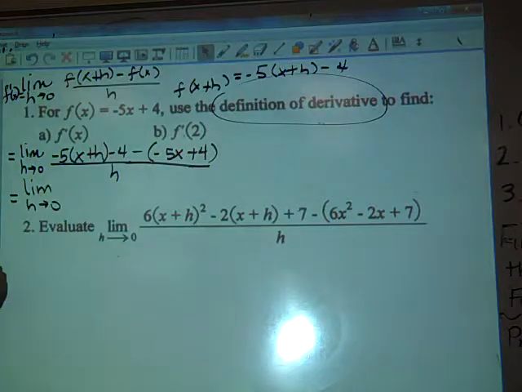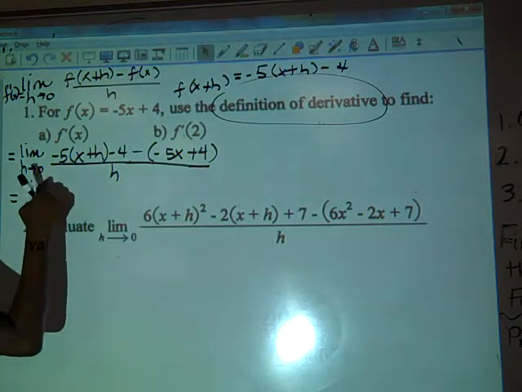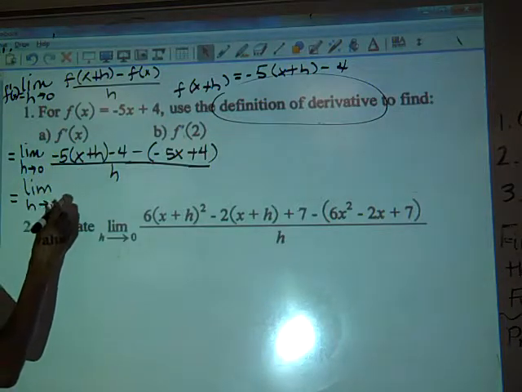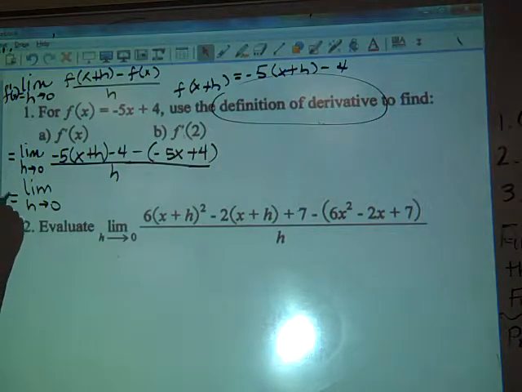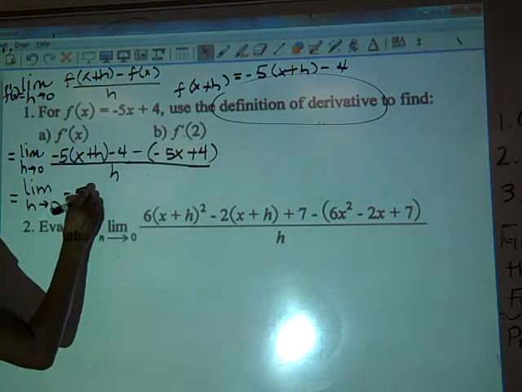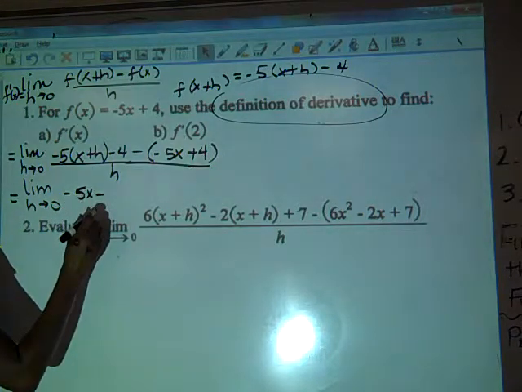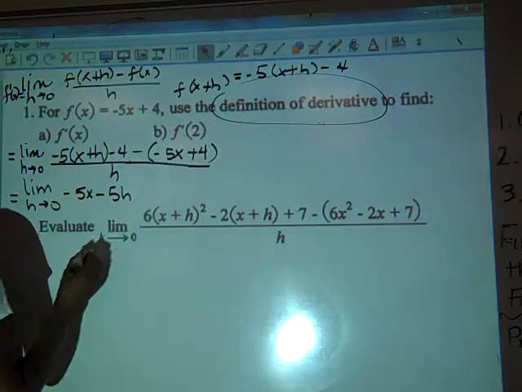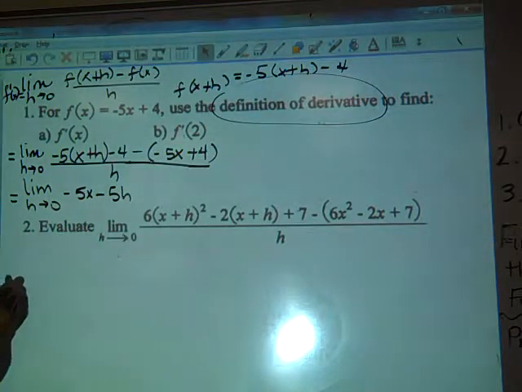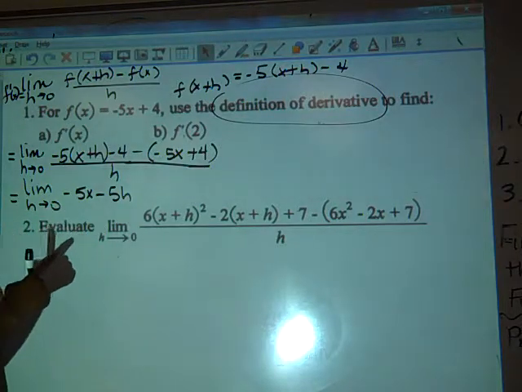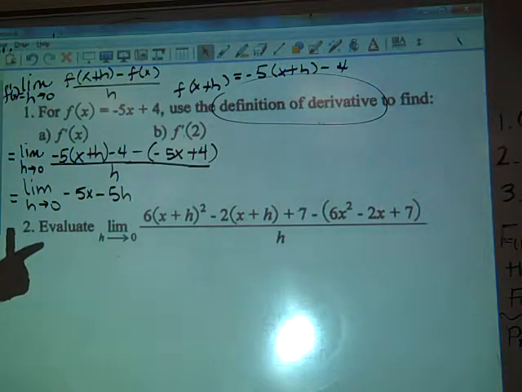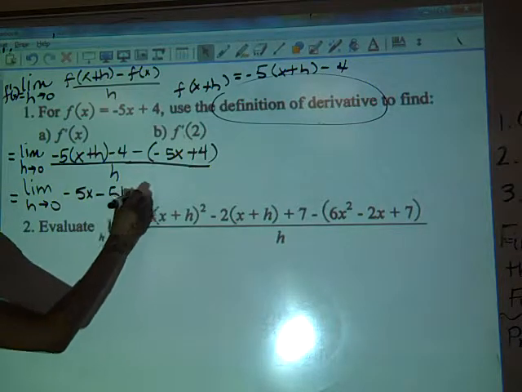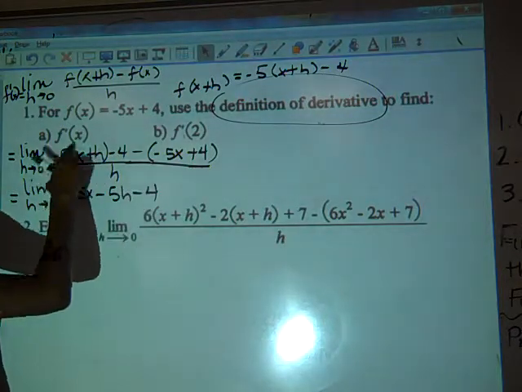Clean it up. What do we have? Limit of -5x plus -5h. I don't even have parentheses anymore. We distribute it.